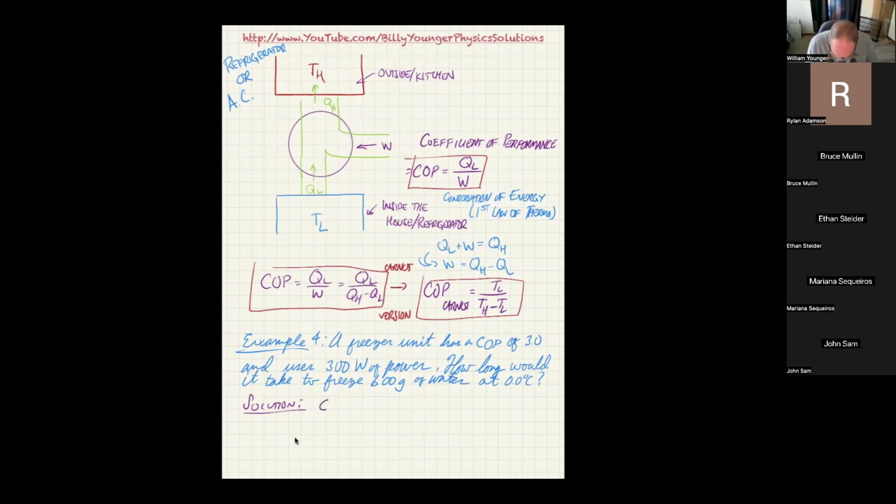And that is QL equals the mass of the water times the heat of fusion of the water. I'm going to use kilograms, so 0.600 kilograms, assuming all three of those digits were sig figs, times 333. That's the heat of fusion, 333 kilojoules per kilogram.